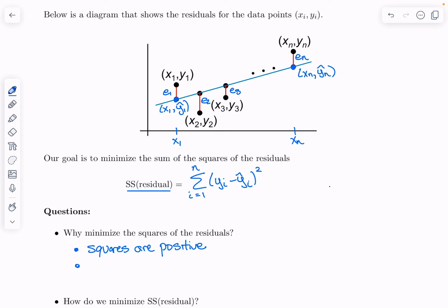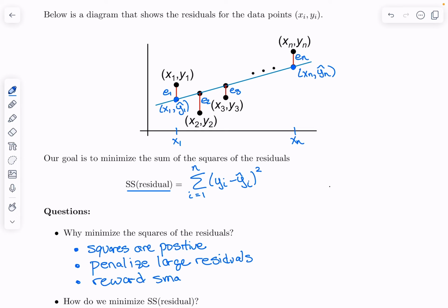And if, of course, we square those errors, this will penalize large residuals, and it'll reward small residuals.